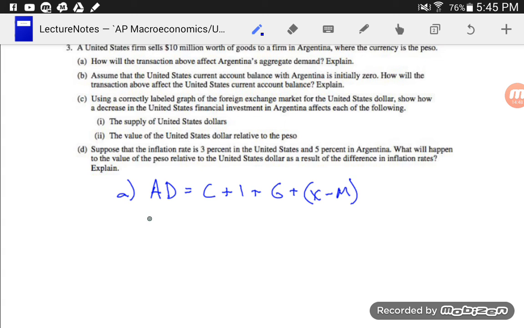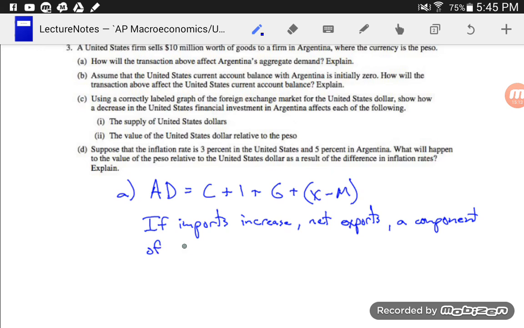So if imports increase, net exports, a component of aggregate demand, decreases.